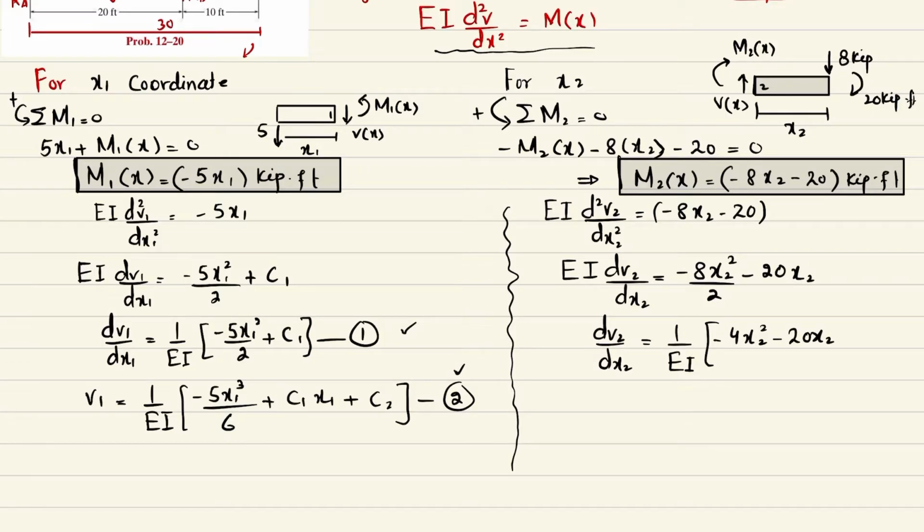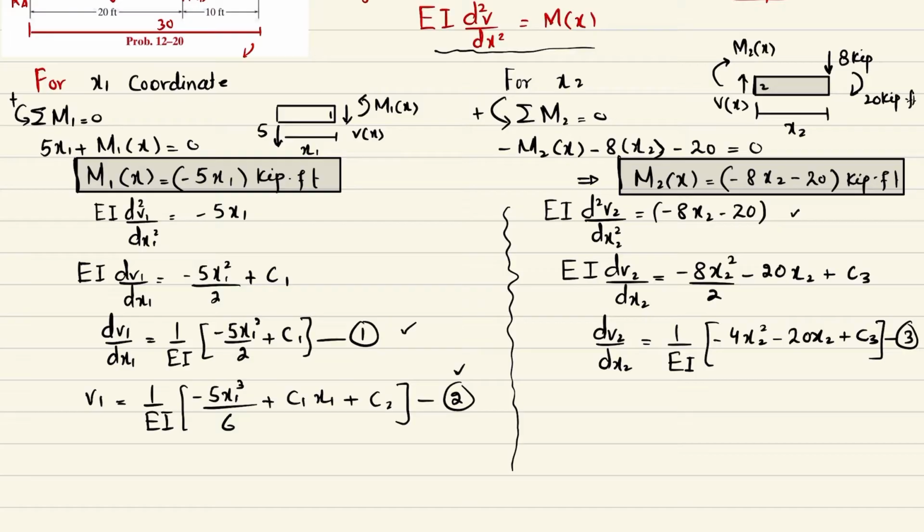Plus, sorry, we have this dv2/dx2, so when you integrate it you get -20x2 plus c3 as well. Let this be equation number 3.